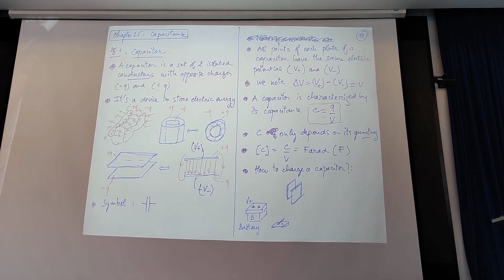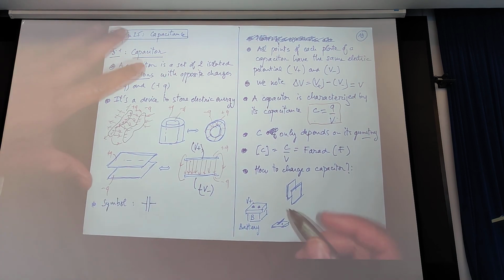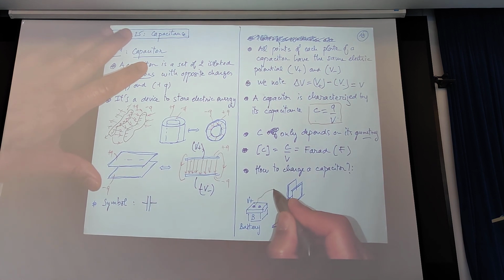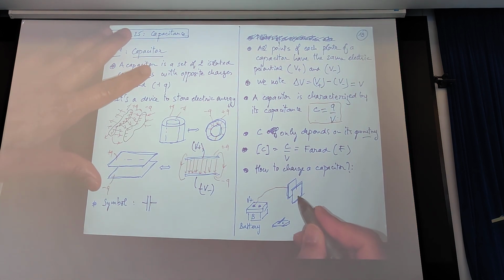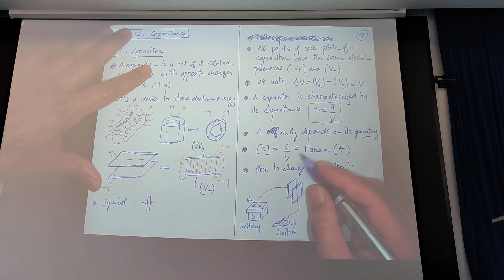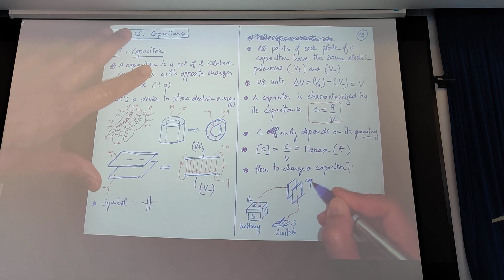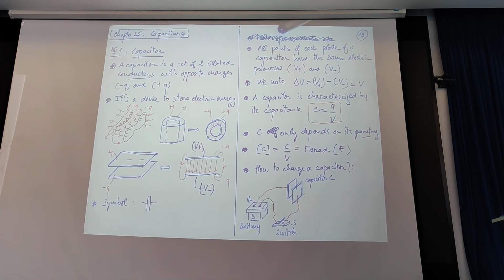And we are going to connect by wires the positive pole to one of the conductors of the capacitor, then to the switch. This is switch S. And this is capacitor C. And then we connect the switch to the battery.